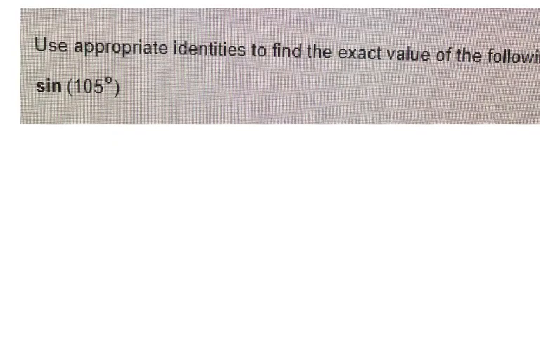This is really the same thing as the last problem. So 105 degrees, that would be a reference angle of 75. That's not one of my special right triangles that I have memorized. So I want to rewrite this as a sum of two angles. So we can rewrite this as sine of 45 plus 60.